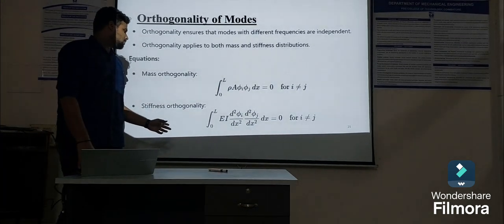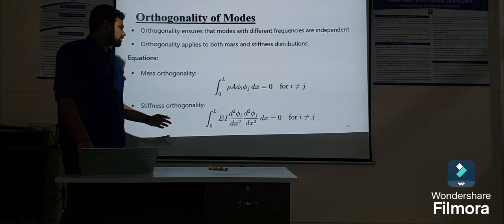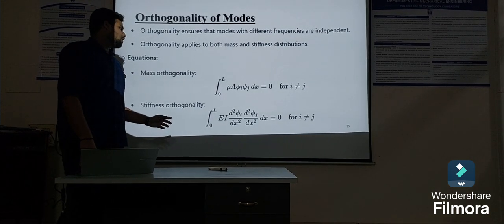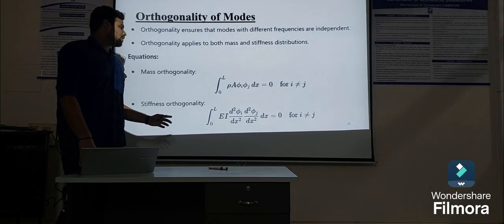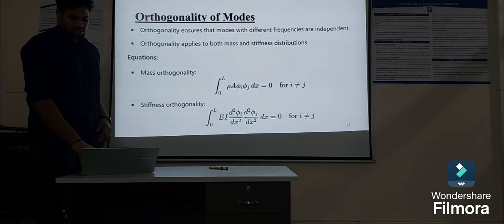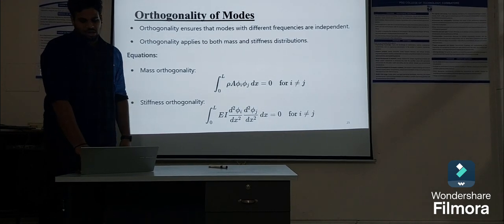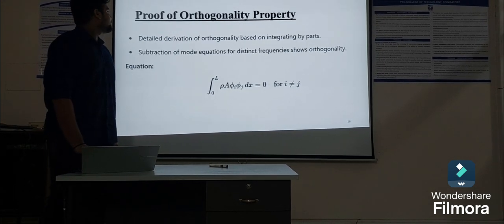Stiffness orthogonality is represented as integration of 0 to L EI into d^2ψ_i/dx^2 into d^2ψ_j/dx^2 into dx is equal to 0, for i not equal to j.